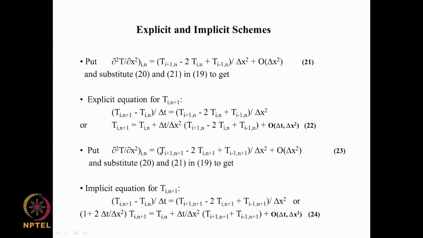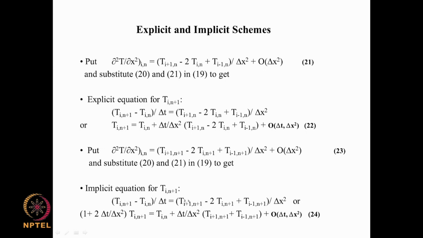Now if you were to do this, and substitute this approximation and this approximation into equation 19, then we would get an equation like this: (Ti^(n+1) − Ti^n)/Δt equal to (Ti+1^(n+1) − 2Ti^(n+1) + Ti−1^(n+1))/Δx².